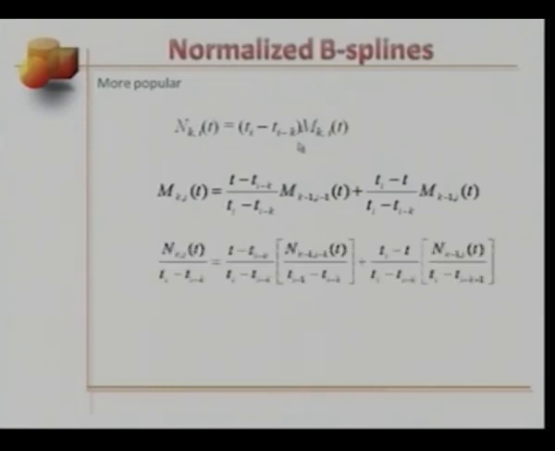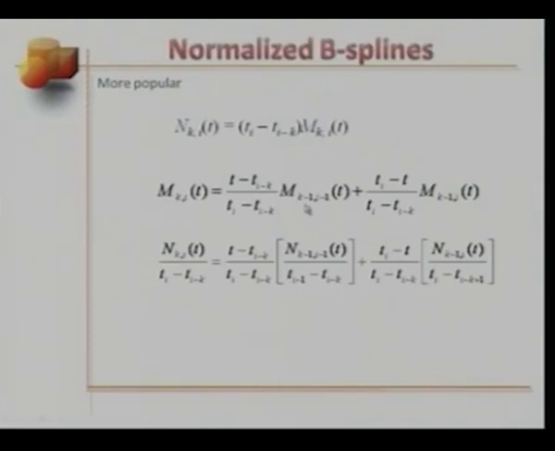Using this definition here, I can substitute for m k i, m k minus 1 i minus 1, and m k minus 1 i. So m k i of t is n k i of t over t i minus t i minus k. We use this relation here.